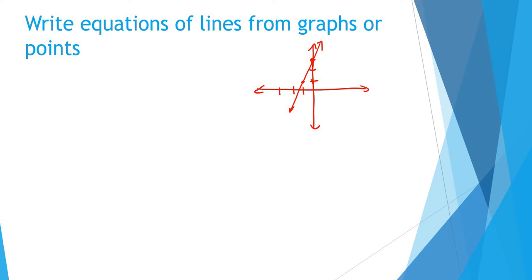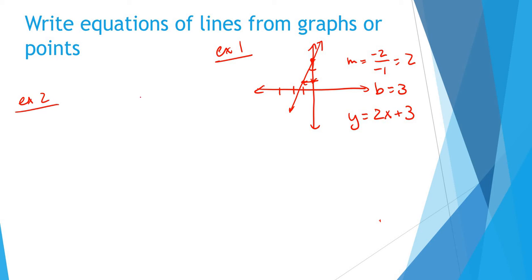It's down 2 and to the left 1. So the slope is down 2 to the left 1. And my y-intercept, or b value, is 3. So for this one, I can use slope-intercept. Y equals 2x plus 3. So that's one example.